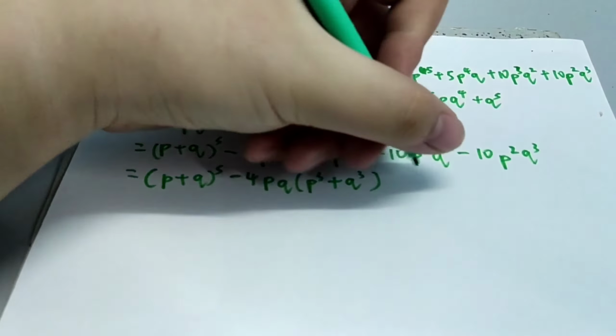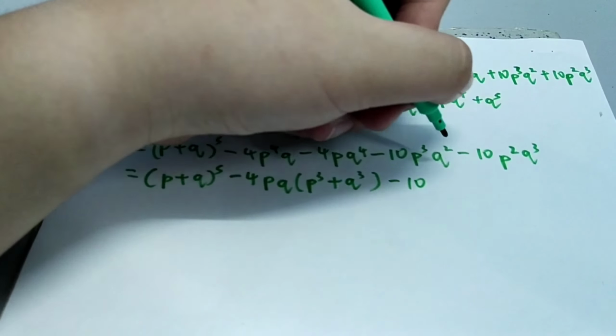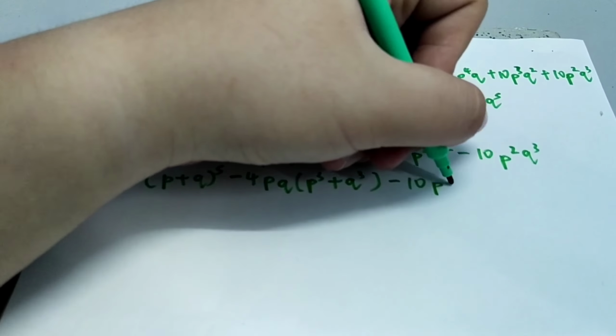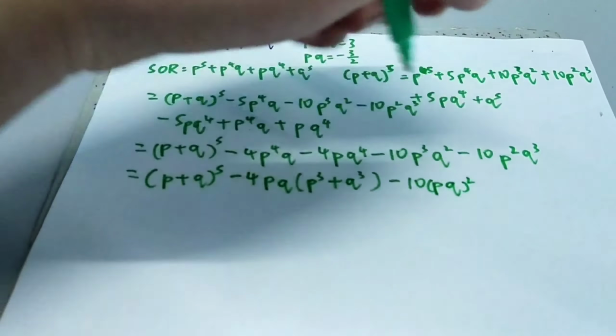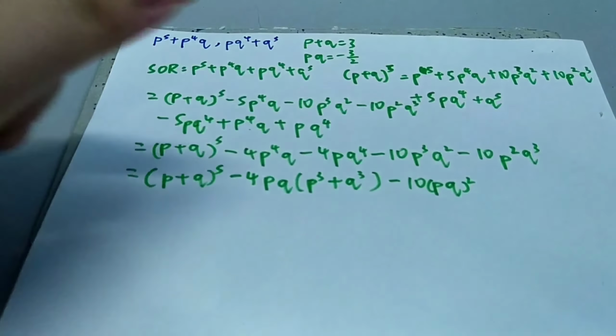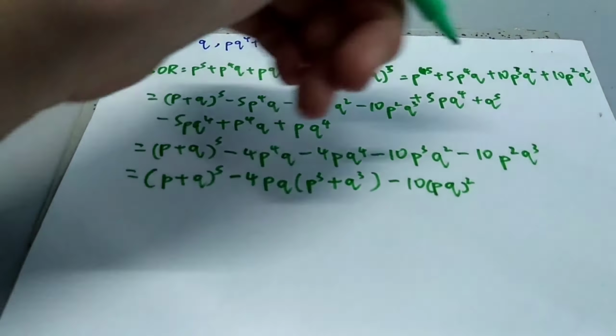And then for here, the negative we can factorize out as well as 10, and then we can factorize p^2 and then q^2. I like this directly because p^2 q^2 we can also write as (pq)^2, right?